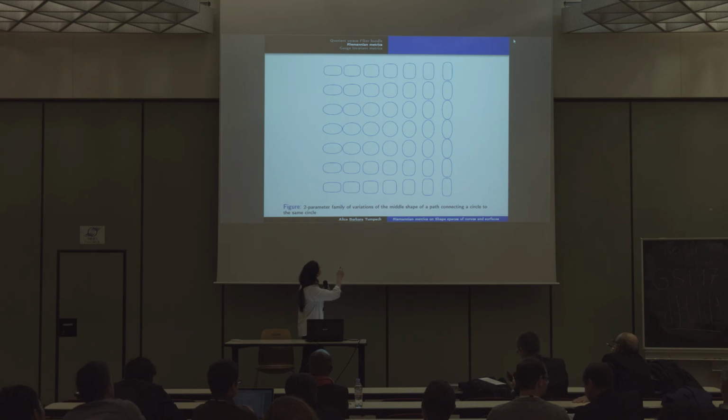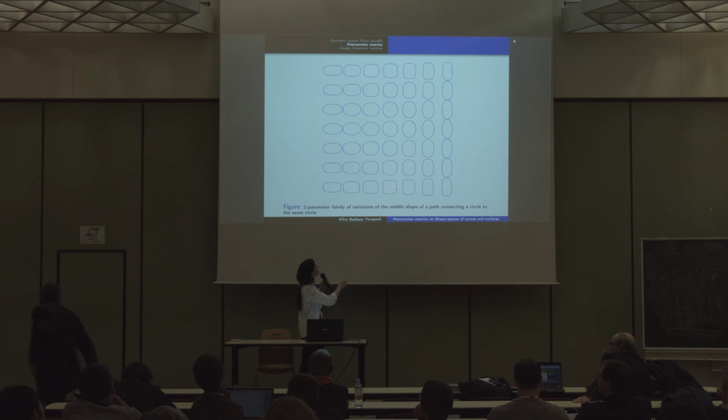So there is a direction which I would call stretching. You just stretch the circle into an ellipse. And there is a direction which I would call bending, which tends to add some corners and go towards a square.